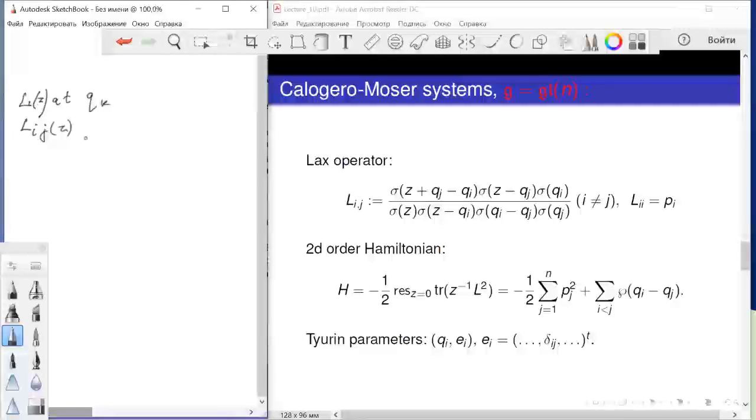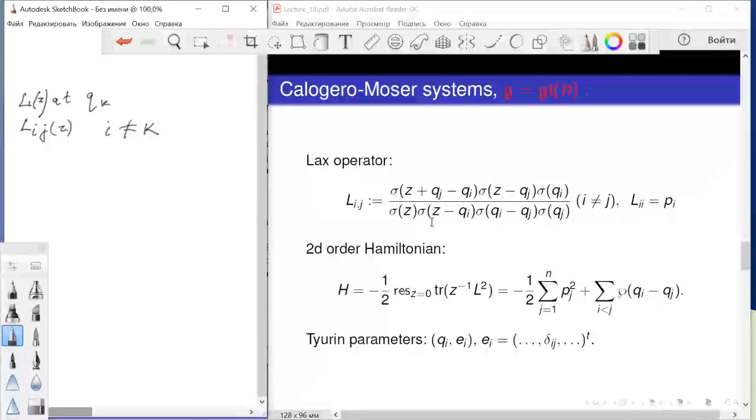If i is not equal to k, then nothing vanishes in the denominator.